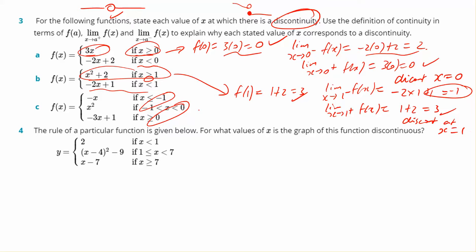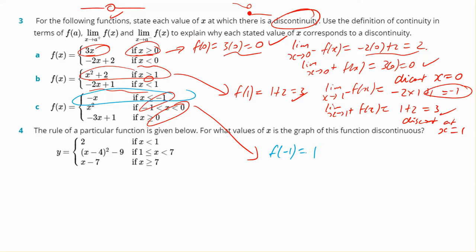Now for C, you have to do it two ways. First of all, you're trying to find if there's a discontinuity at x equals -1. If I want to find f of -1, where does it equal -1? It equals -1 here, so I'll just sub that in. So -1 times x would be +1, because you've got a negative at the front.